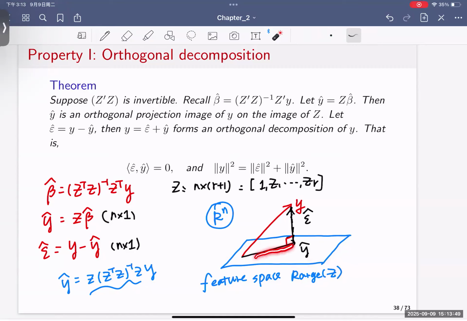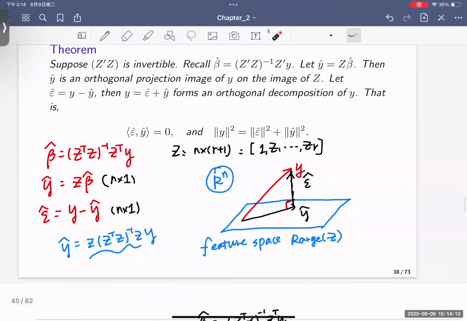Here is your y, your observation, and your prediction must relate to this Z space. So it's very natural that our prediction is taken as a projection of y on this Z space. We call it the feature space. This is our first property.